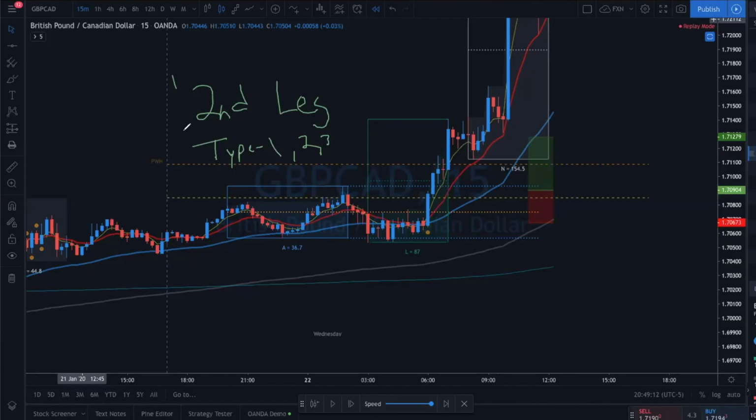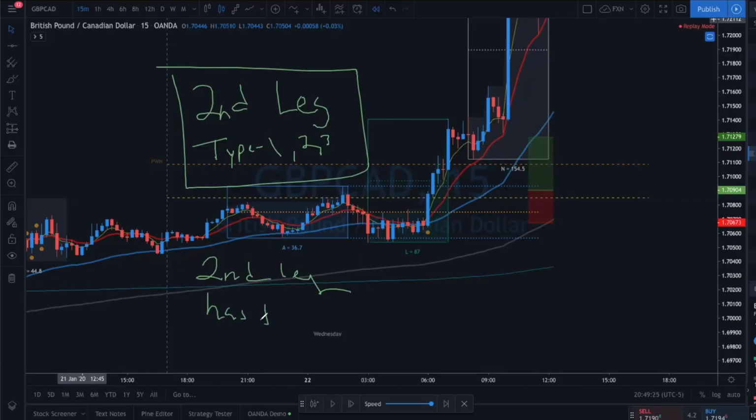That's the first thing. Second thing, it's got to happen inside of the box. So the second leg has to be inside of the box, and that's either the London box or the US box.